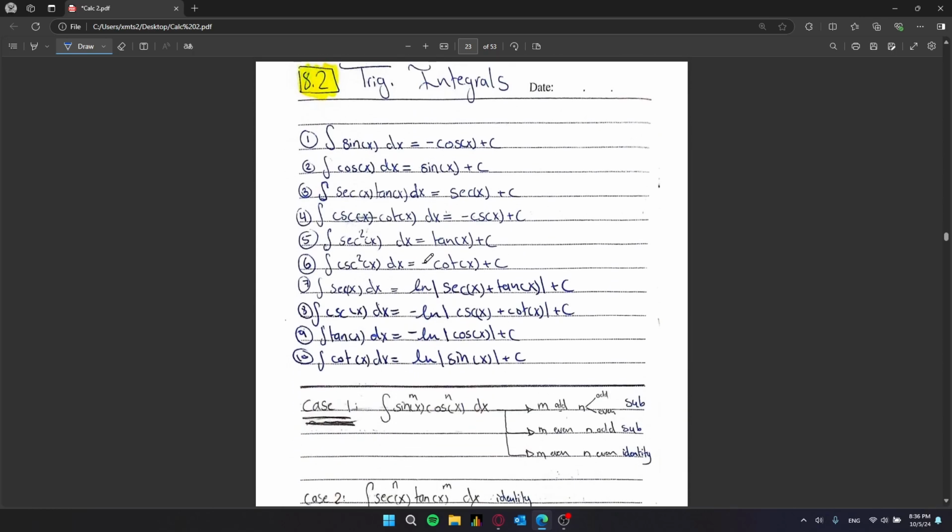Now, lesson 8.2 is also just more rules and more algebra. You just have to understand that the integration of this equals that. Why that is true, you can resort back to Calculus 1, you can look up some proofs online, or you can just take it at face value, and just understand that the integration of sine of x is equal to minus cosine of x. You can just memorize that as is, and you will hopefully get a good grade in the quizzes.